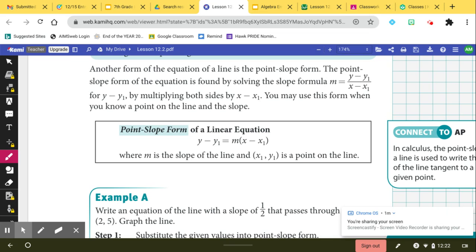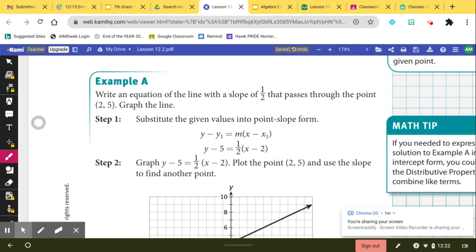But what we really need to focus on is that the point-slope form of a linear equation is y minus y1 equaling m times parentheses x minus x1, where m again is my slope and x1, y1 is a point on the line. It doesn't matter which point you use, as long as you have a point on the line.